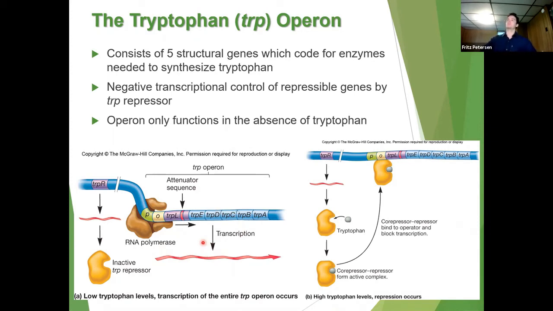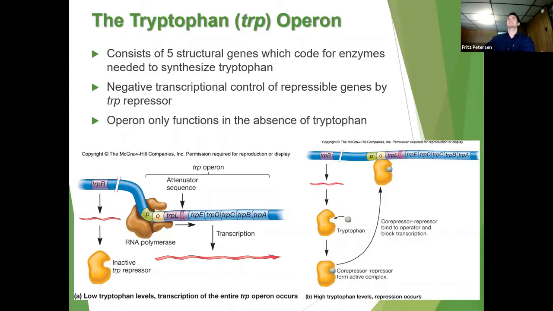The molecule that turns the repressor on in this case is actually tryptophan itself. So this is a nice way the cell can regulate the amount of tryptophan: if there is no tryptophan present, transcription will occur, and if tryptophan becomes too abundant, it'll stop the reaction from taking place.